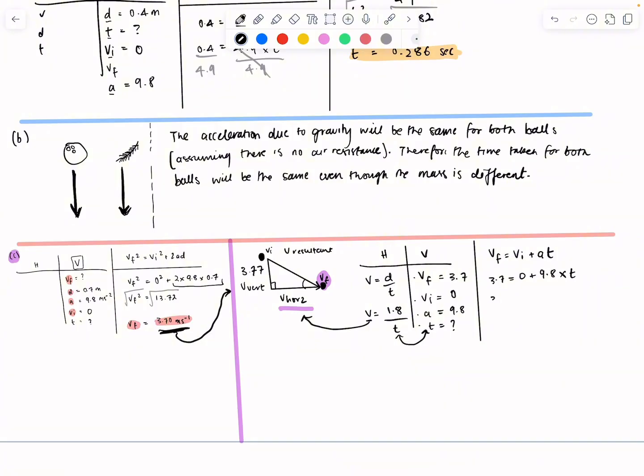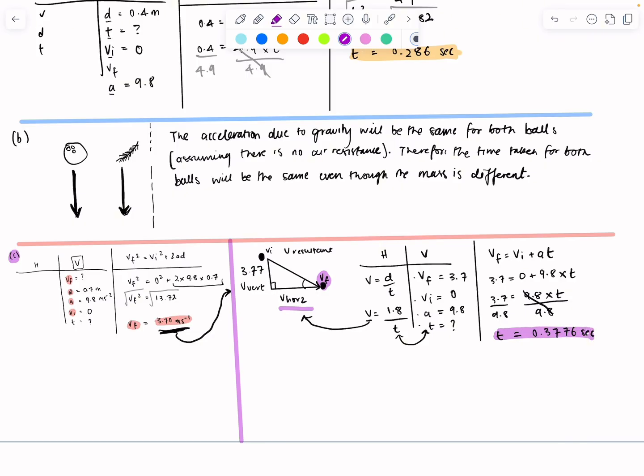Simplifying that, 3.7 equals 9.8 times t. Divide both sides by 9.8 to get t by itself. And the answer for time taken for it to fall vertically downwards is 0.3776 seconds.